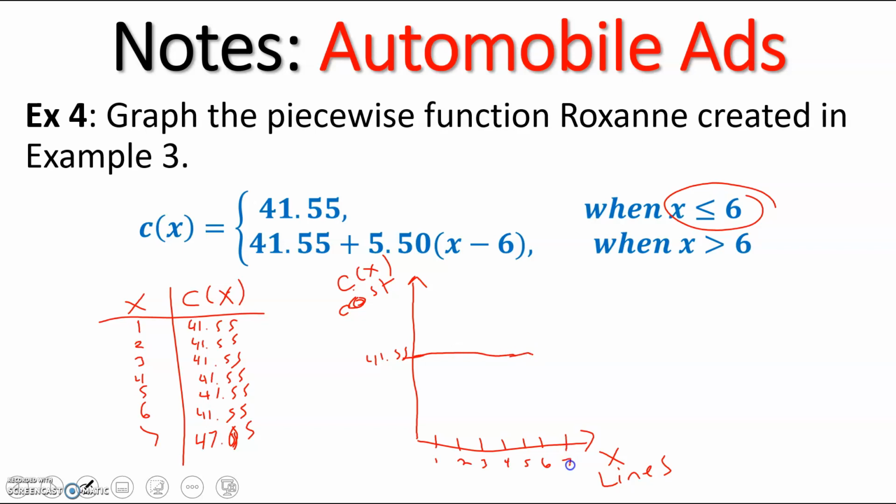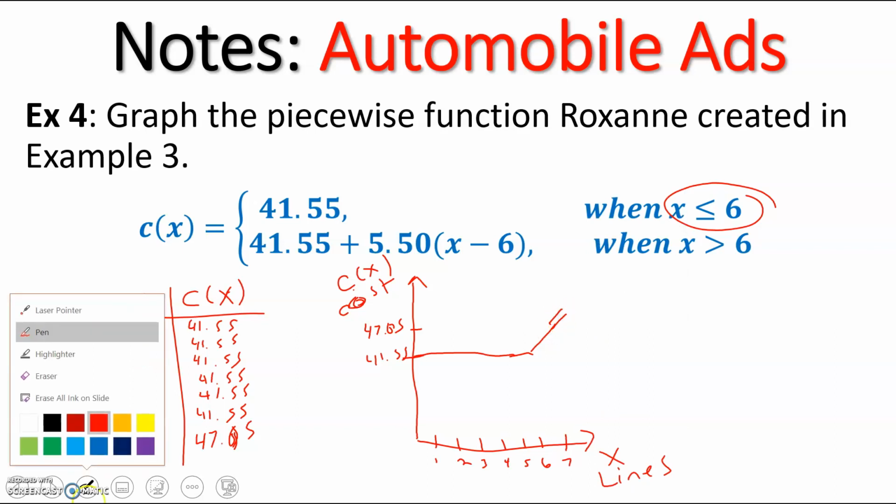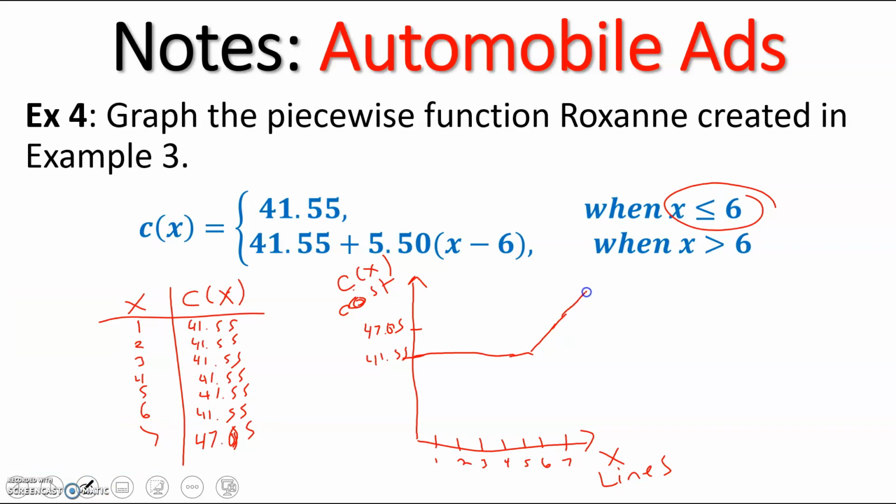Then we hit 7 and it goes up by $5.50 to this new 47.05. So it's going to jump up. Now, because it's increasing by 5.50 every single time, it's going to have a consistent slope, right? So it's going to go up. Let's see if I can draw this straight. It's going to go up by that same rate all the way. And there's our sketch, right?